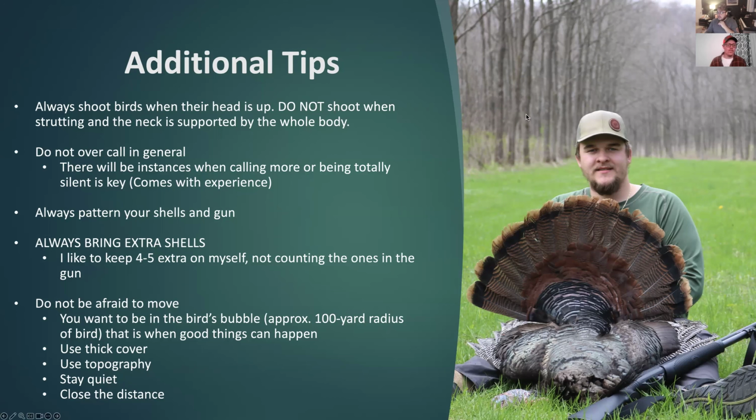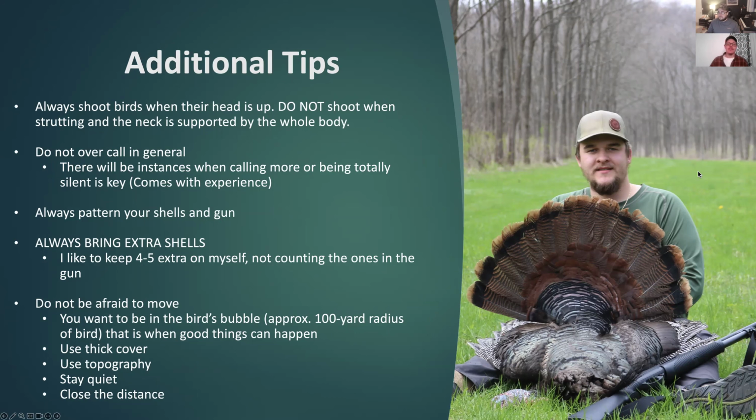Anything to add there, Curtis? Yeah, just in general, it's the double putt at the time of shot, if you need a turkey to stretch its neck, its head way out to give you that good ethical shot. We don't want to take a shot when it's strutting. Its head and neck is tucked against its body. Not a good shot, and you're going to get a bunch of BBs into the meat when it's like that.